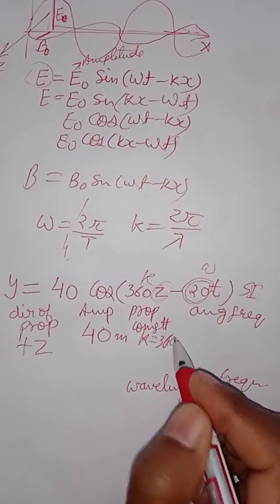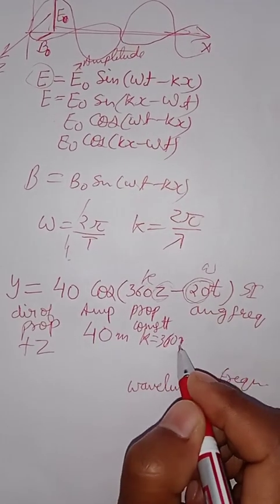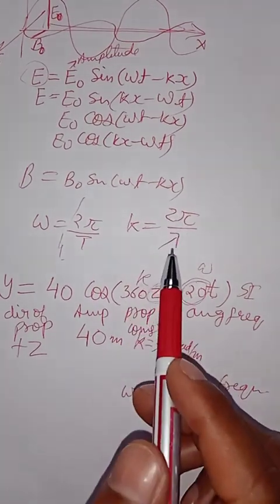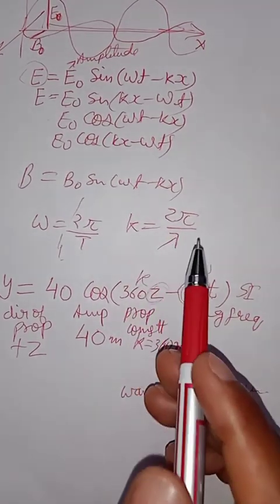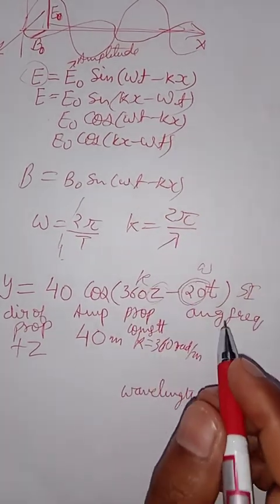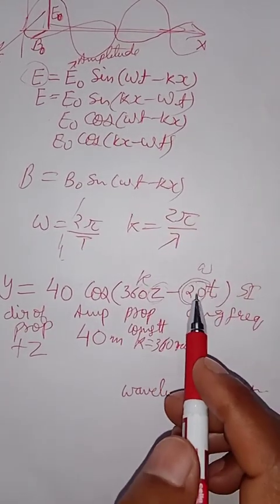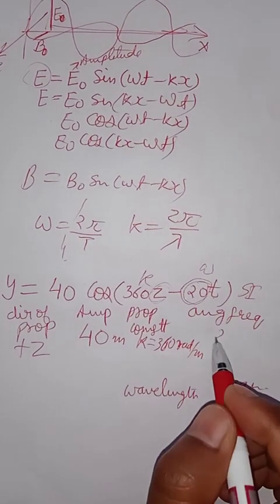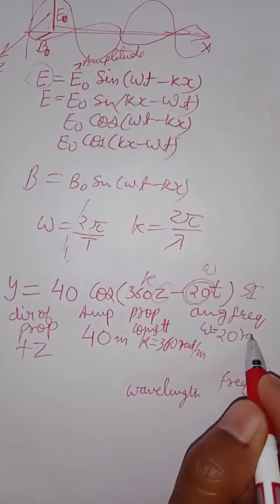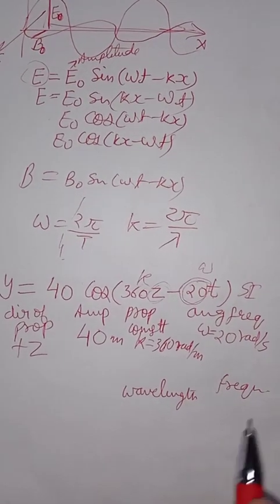Oh, I forgot to tell you that its unit is radian per meter, or simply per meter, because it is 2 pi by lambda, and lambda is in meter. And angular frequency omega is 20, and its unit is radian per second, or you can directly write per second.